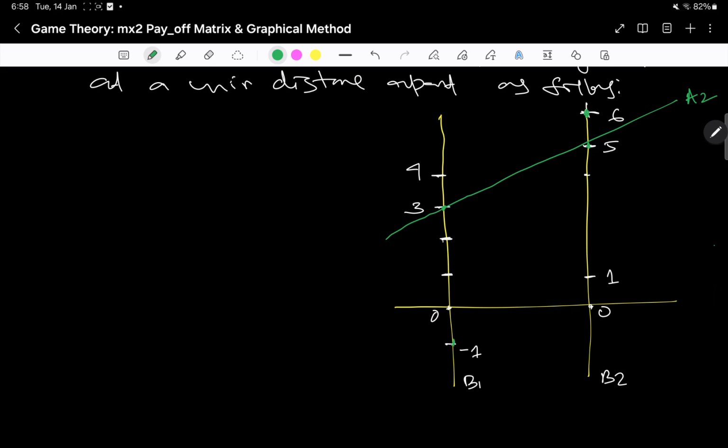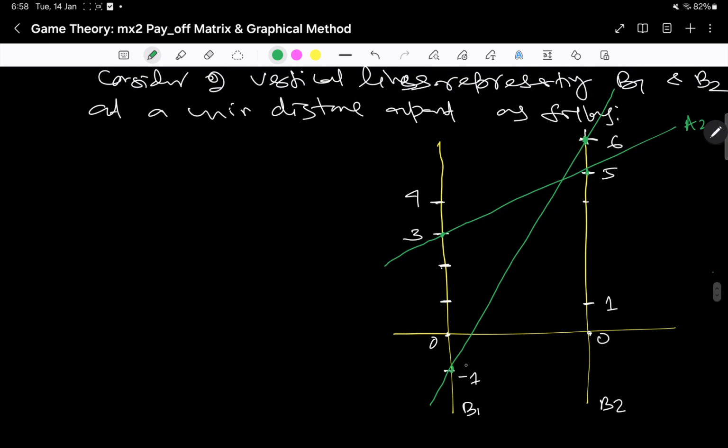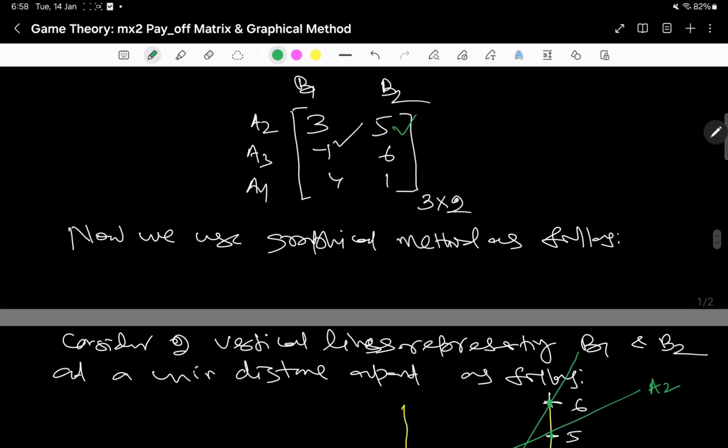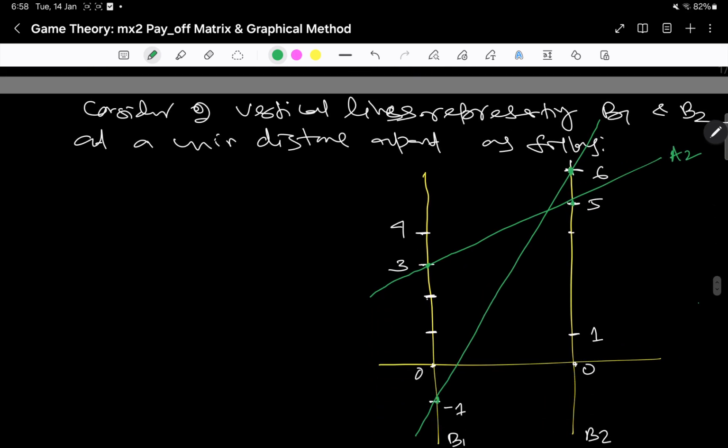And A4 is my 4 and 1, so I join 4 and 1 here. This is my A4.